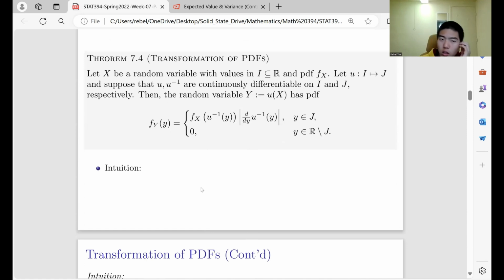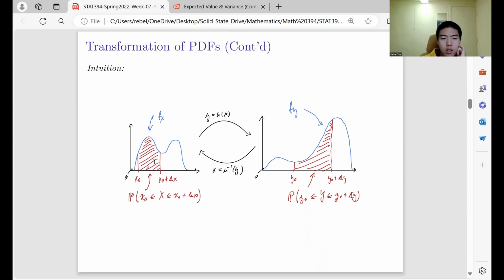So what's the real idea of the transformation? We make a very slight move from x0 to x0 plus delta x, a very small increase of x. After we apply U, it becomes y0 plus a slight move delta y.